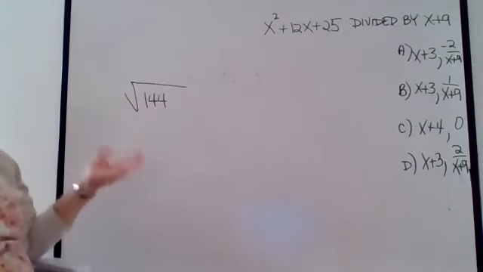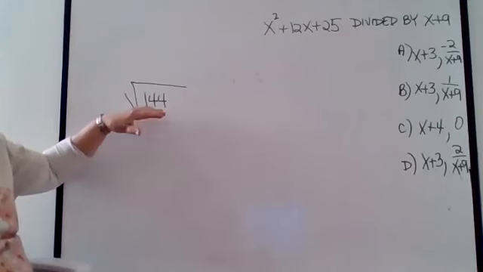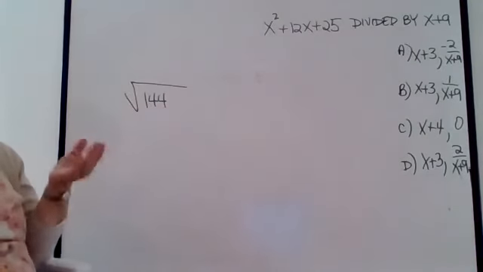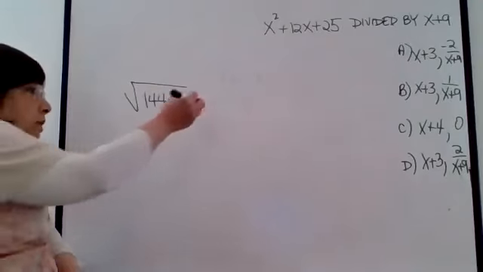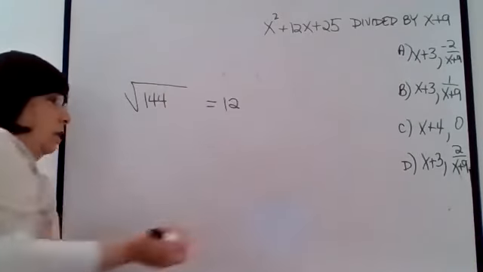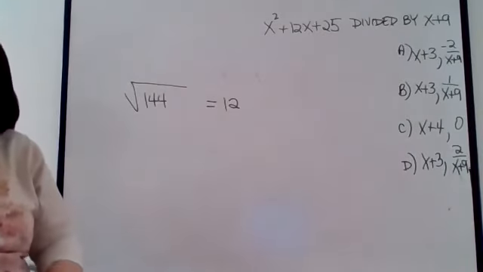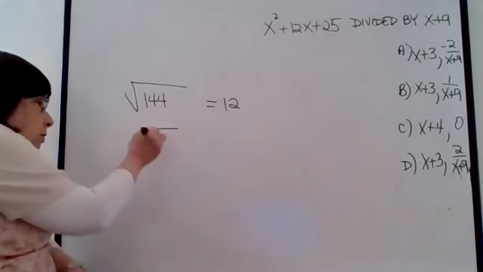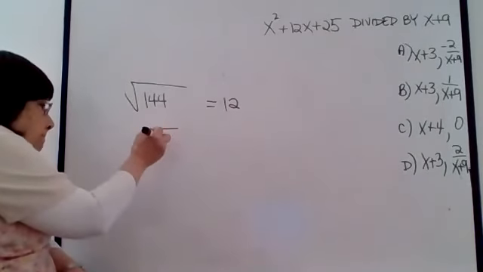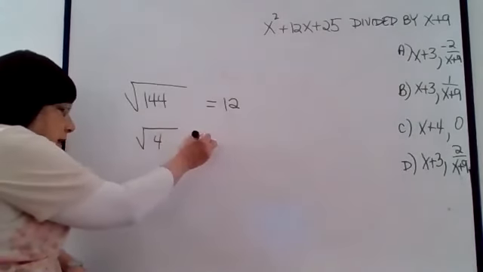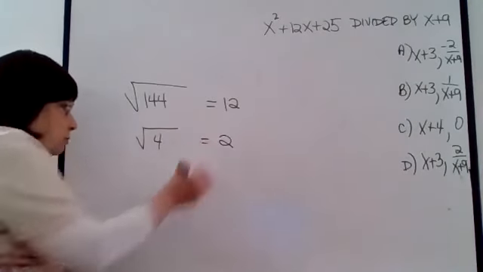On your calculator, you could do the square root of 144, though I think most people would know the answer is 12. And if I gave you the square root of 4, I think everybody would be able to tell me that the answer is 2.